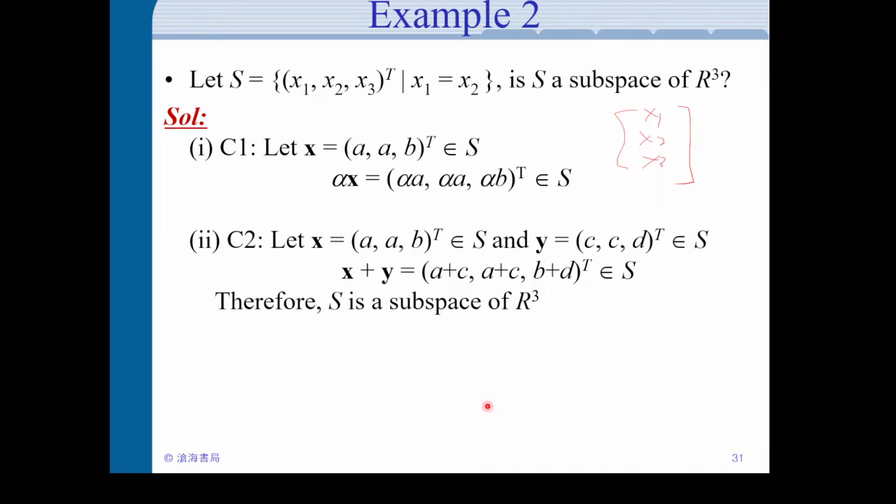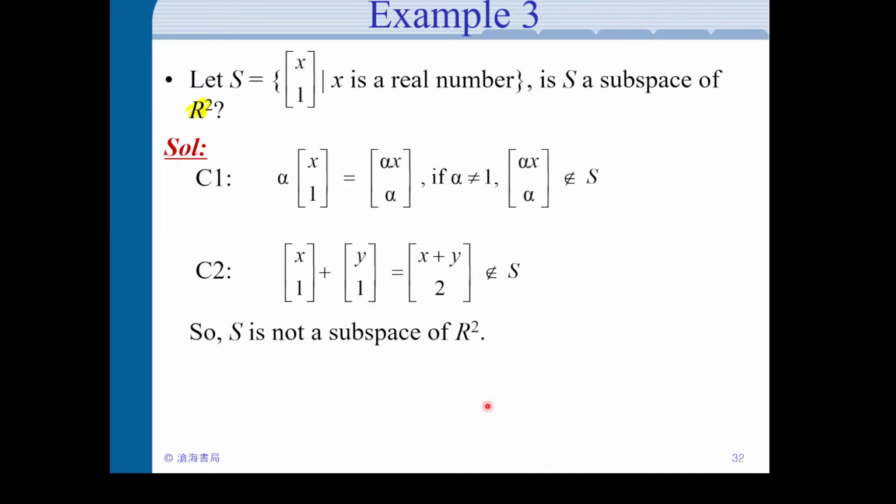Okay. And then we see an example where it's actually not a subspace. S is the set of vectors (x, 1, ...), so the second coefficient is fixed to be 1, and we want to see whether this is a subspace. We check rule number 1: some arbitrary alpha times (x, 1) gives (alpha x, alpha), and the second coefficient becomes alpha.